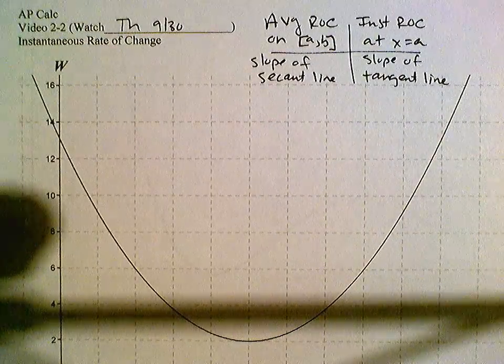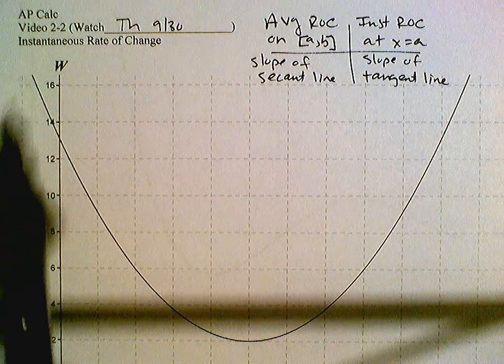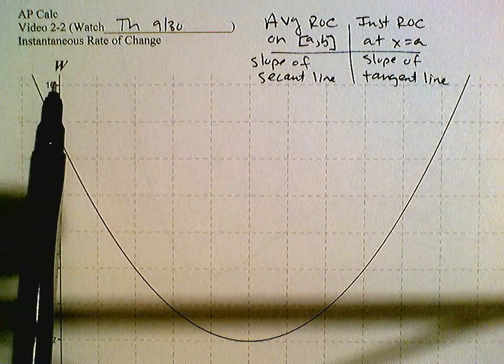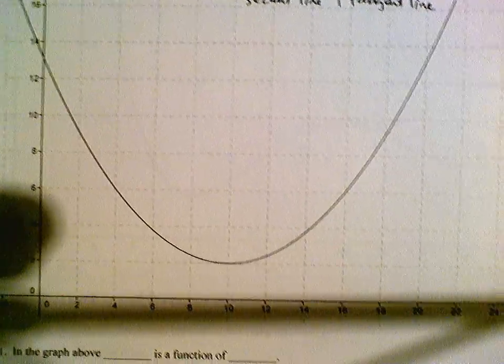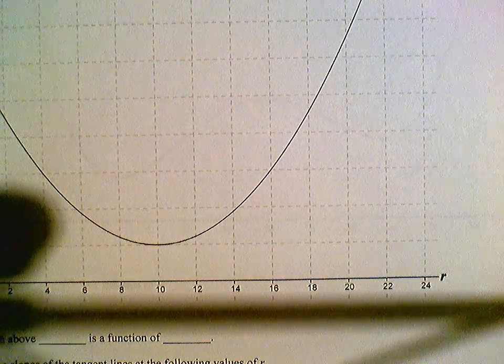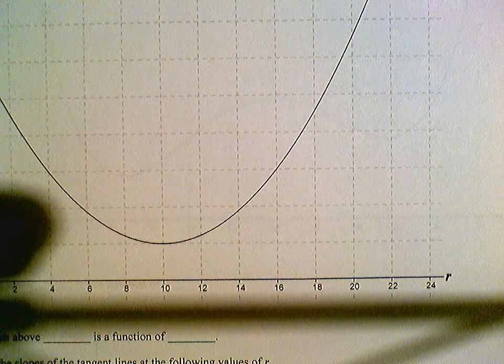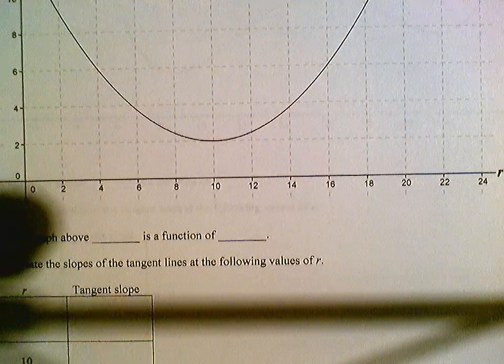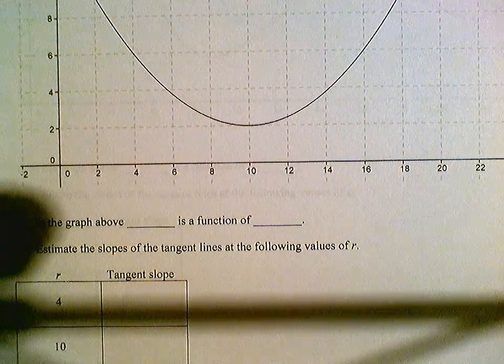So here I have a function. It's a parabola. I have my vertical axis labeled as W, and my horizontal axis labeled as R. So in the graph above, blank is a function of blank.